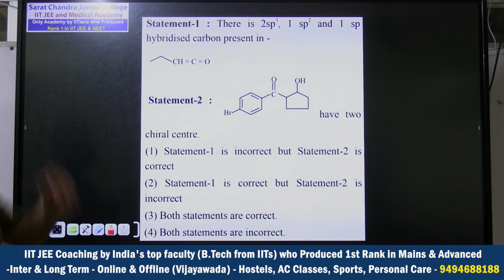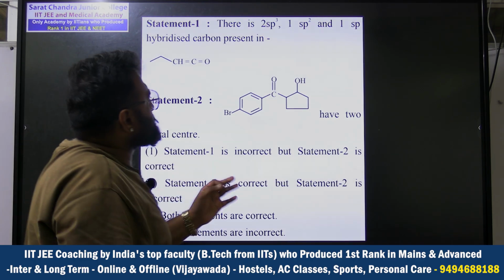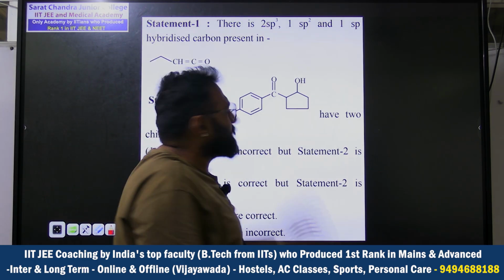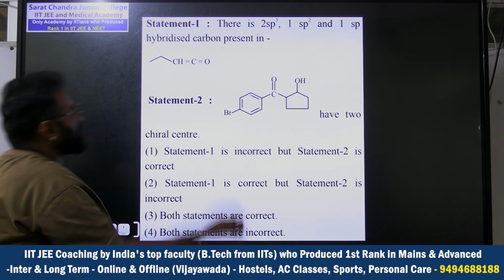Now next question. There are 2 sp3, 1 sp2 and 1 sp hybridized carbon present in the compound. Now let's see the compound.